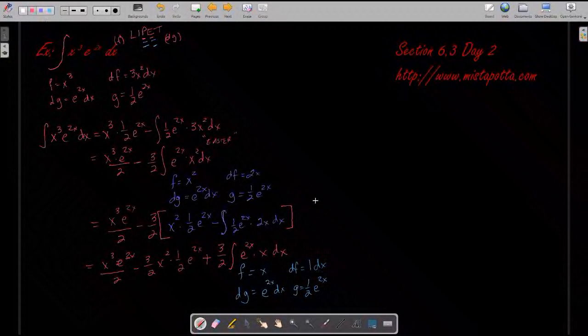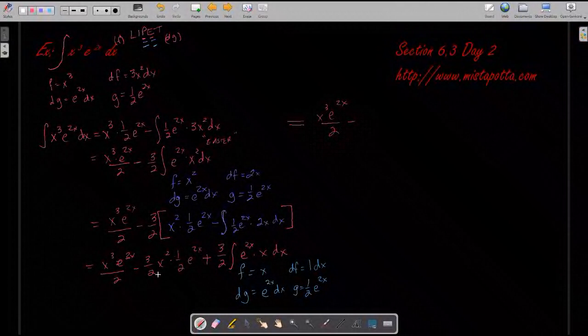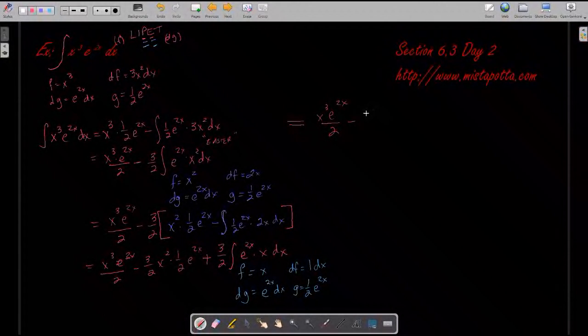So for what I've got here, this integral is actually equal to x cubed e to the 2x over 2 minus, this is really 3/4 x squared e to the 2x plus, and I've got to do this 3/2 times this whole expression.